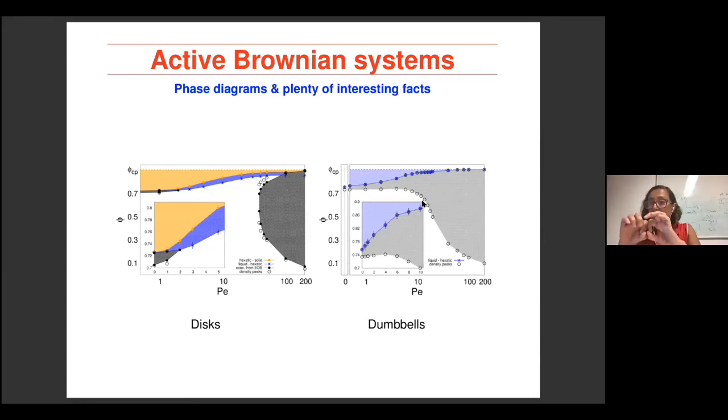So actually we're working in this limit in which the two beads stick together and they don't bend nor open up. And in that case, what you see is that the MIPS phase at very high Peclet goes down all the way to zero Peclet.